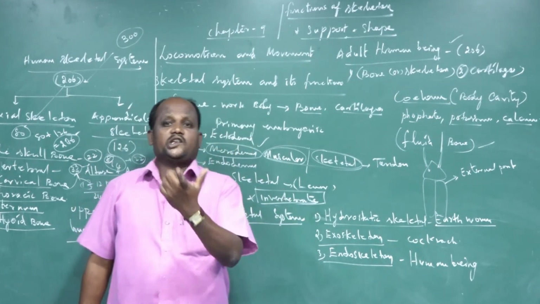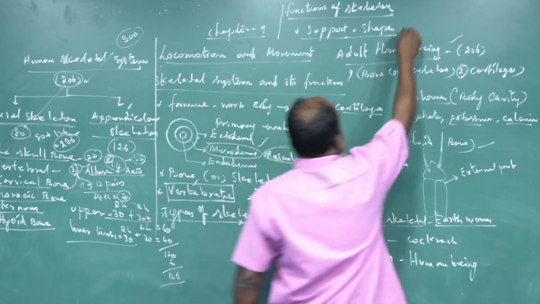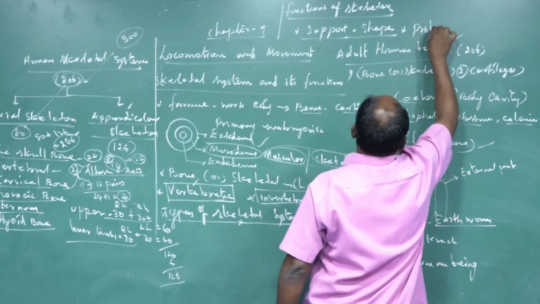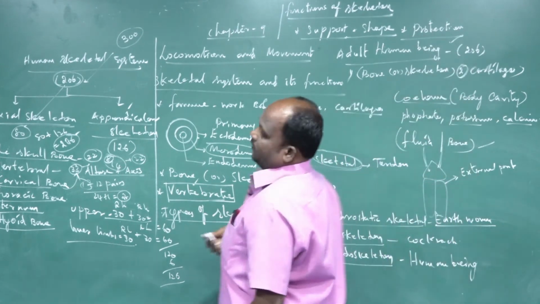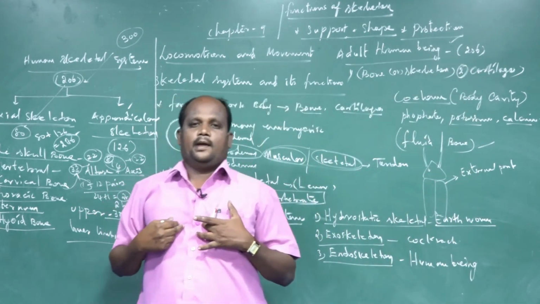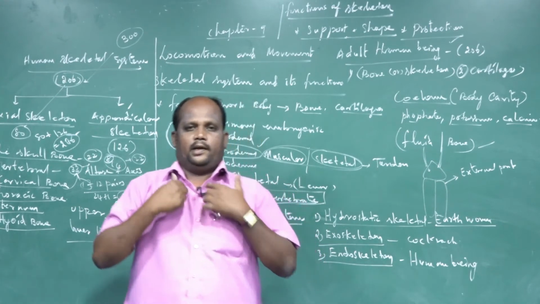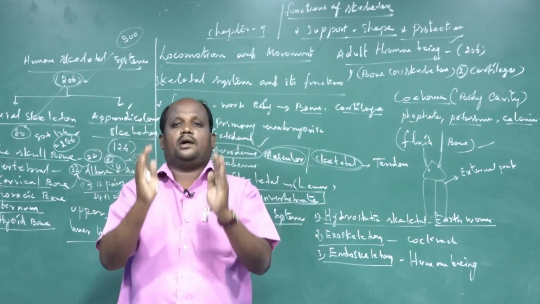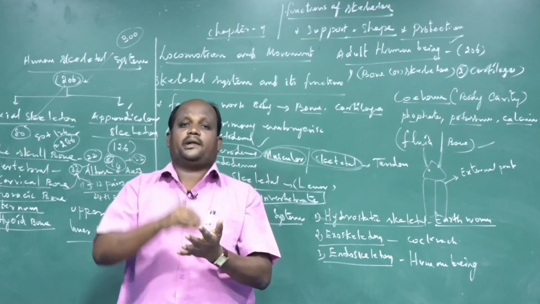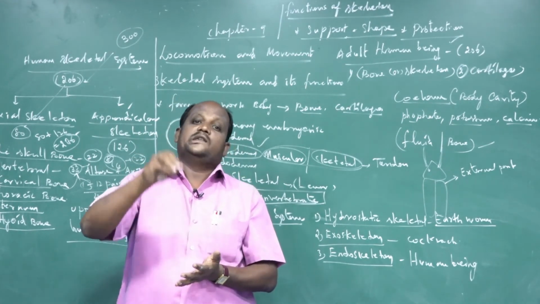Another one is protection, which is more important. Protection of our bodies' very important organs. The lungs, heart, esophagus, and the brain, many important organs and tissues, are protected by the skeleton.